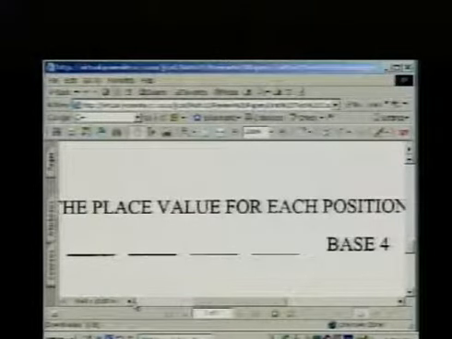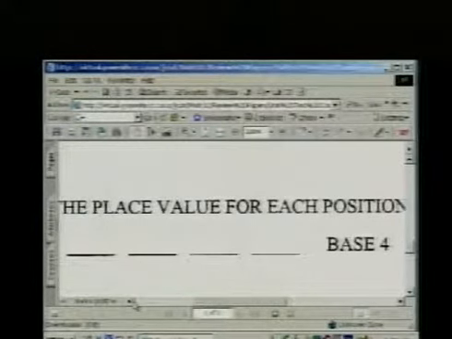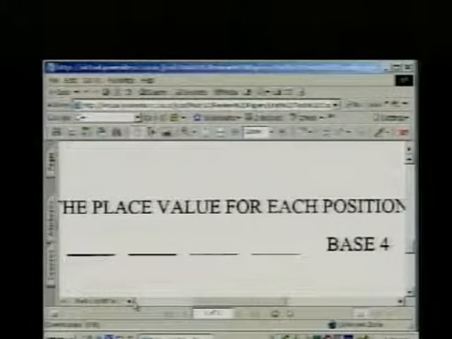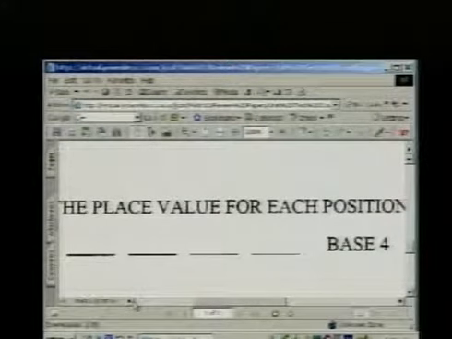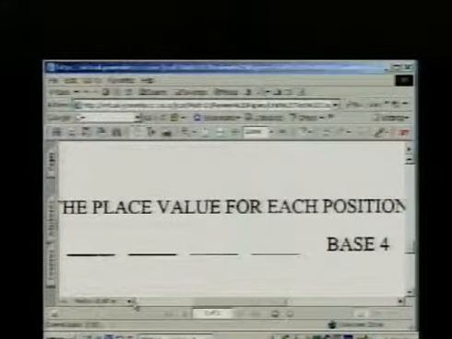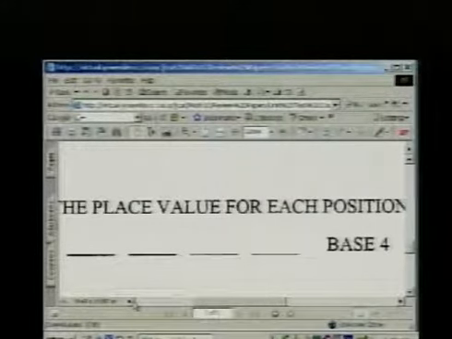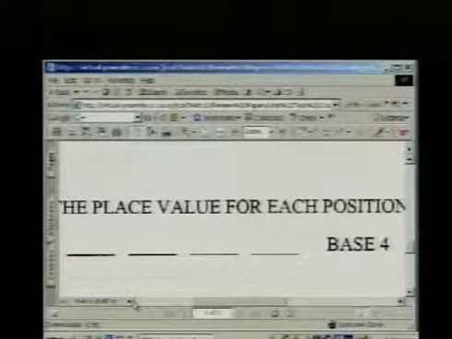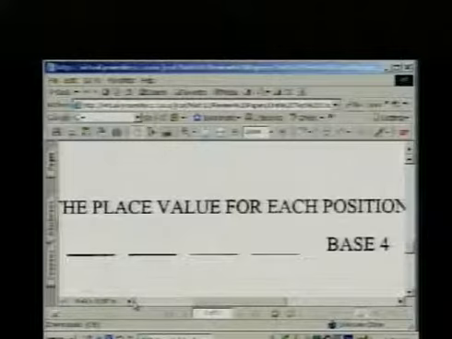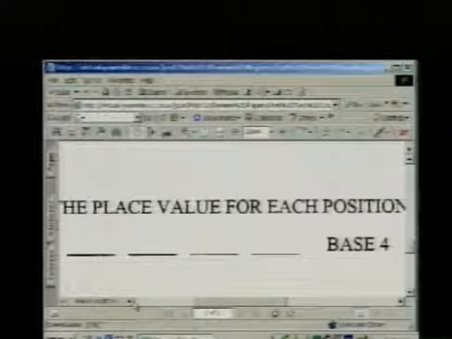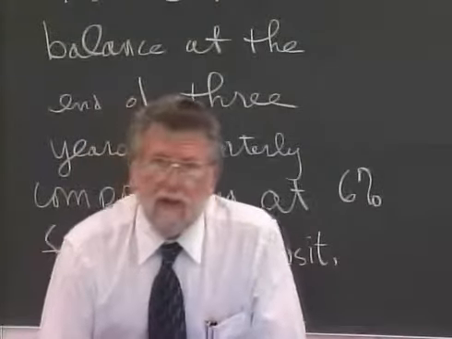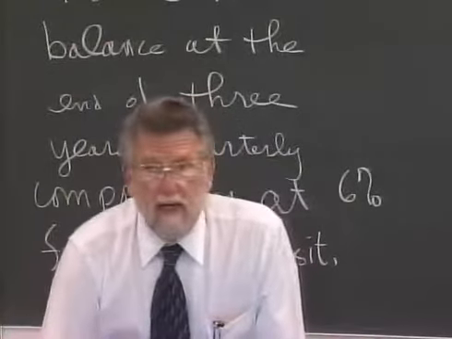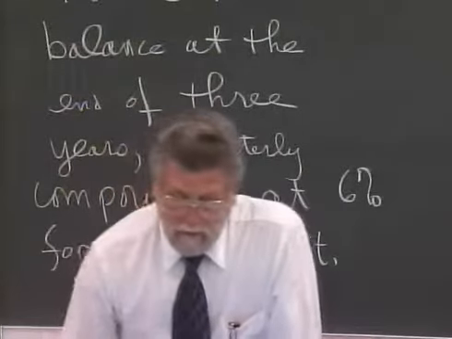The next digit you get by multiplying by 4. So what's your next place value? 4 times 4. Think of multiplying, not adding. 16. And then 4 times 16? 64. Okay. So you would have 1s, 4s, 16, and 64.